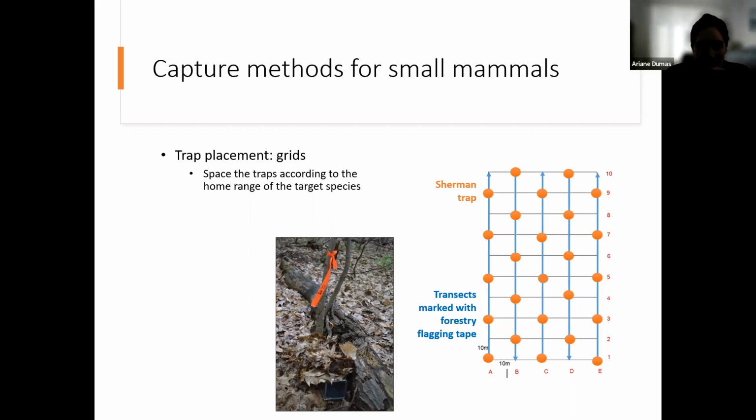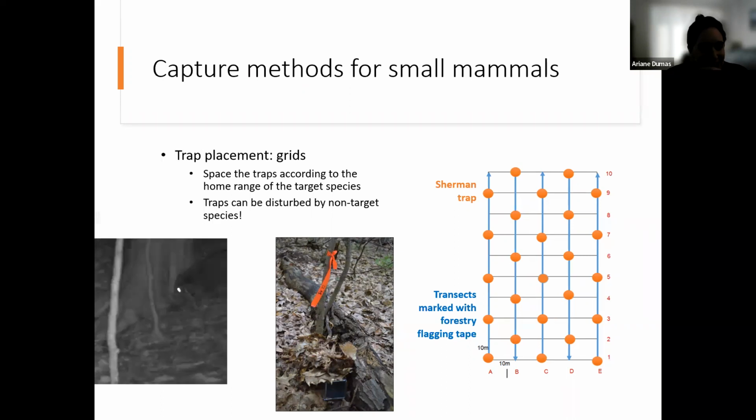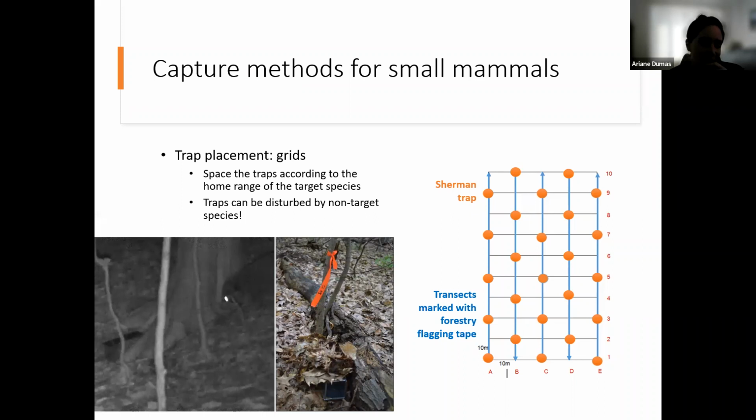And we had a little problem. The peanut butter smelled very good, not only for mice. I don't know if you can see on my picture, but these little guys here, the raccoons, were really interested in the peanut butter. They used to come feast at night, eating the baits and moving the traps around, shoving them everywhere.